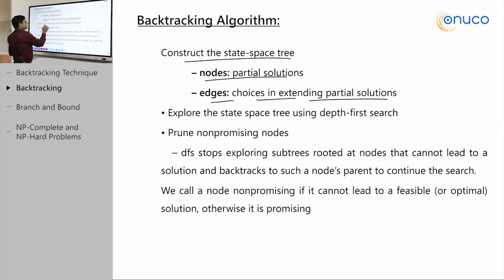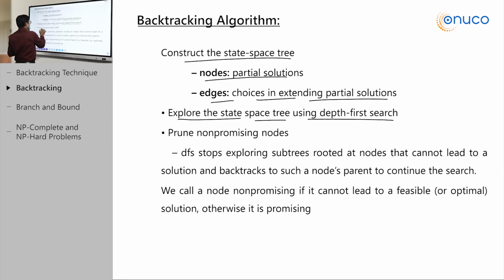But remember that here we explore the state space tree using depth first search. As I said in the introduction, we have already studied depth first search. We go in depth until we encounter a dead end or a success point, the goal point. In that case, again you backtrack. So basically you apply DFS. If you encounter a dead end or success, we go back and find other possibilities.